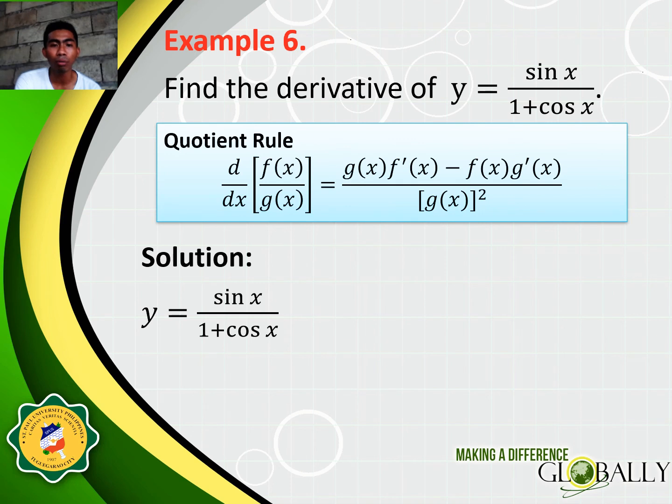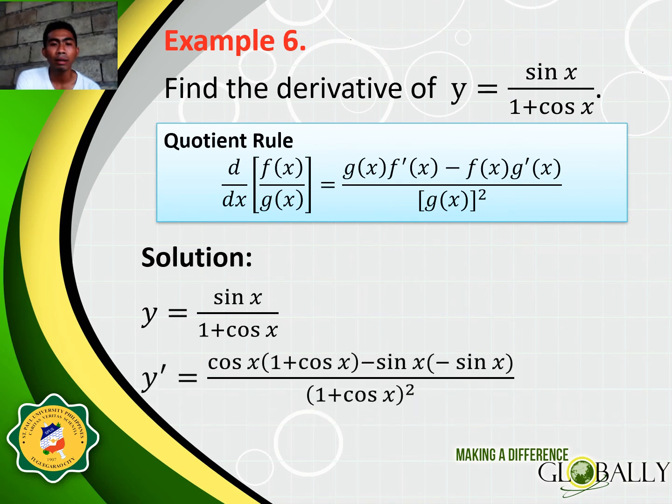Following the quotient rule, we obtain y prime equals the derivative of sine x, that is cosine x, times the denominator 1 plus cosine x, minus the numerator sine x times the derivative of the denominator 1 plus cosine x, that is negative sine x, over 1 plus cosine x squared.